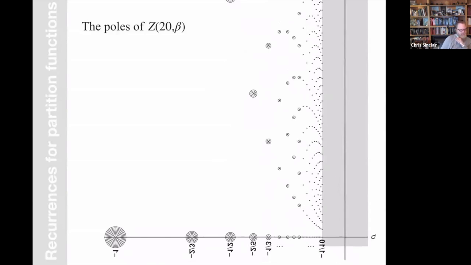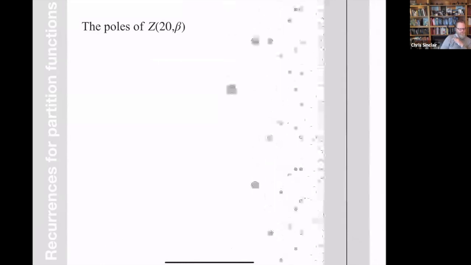I tried to make the higher order poles have more circles, so if you have keen eyesight, you could count the multiplicity of each one of those poles. But you see that the poles that are very close to the line of analyticity are single poles. And as you march away, you get poles of higher order. This thing is periodic with period, I don't know, like log p or something, there is a periodicity.